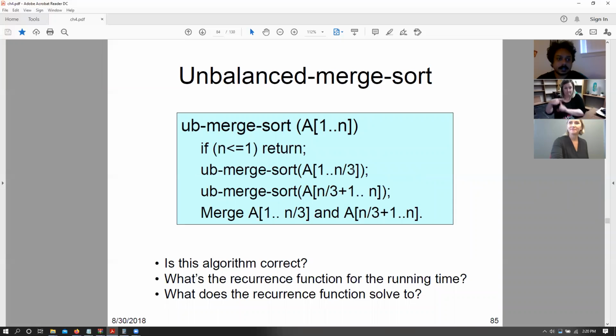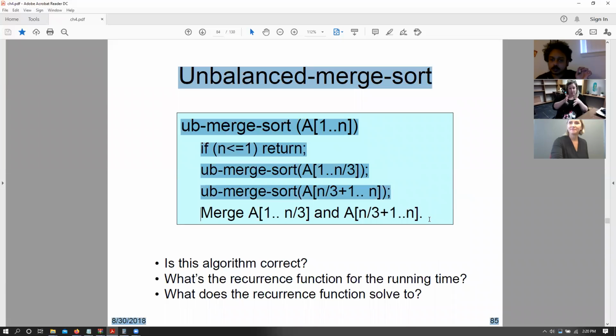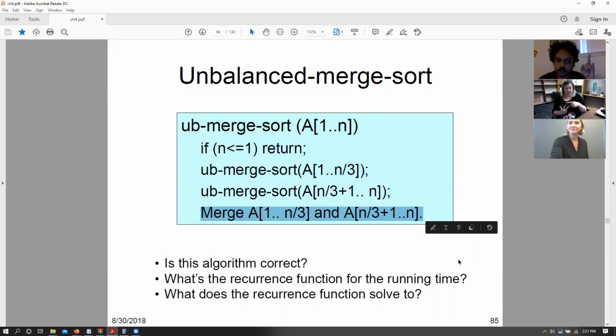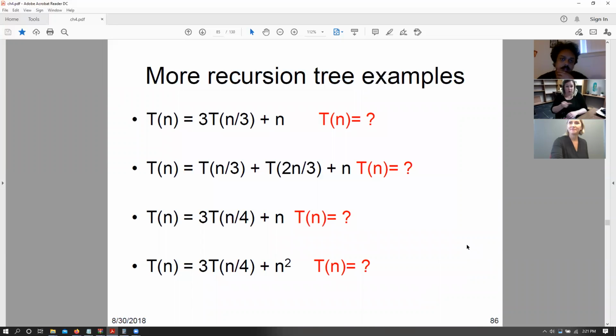Similarly, we also have this unbalanced merge sort, where we are again dividing our array into 2, but we are dividing it into the first third of your array and the remaining 2/3 of your array. In this case, we are just merging those two arrays, but this is sort of an unbalanced merge sort. In terms of recursion trees, we can solve these types of recurrence relations when we draw out the recursion tree and then figure out what the solutions are.